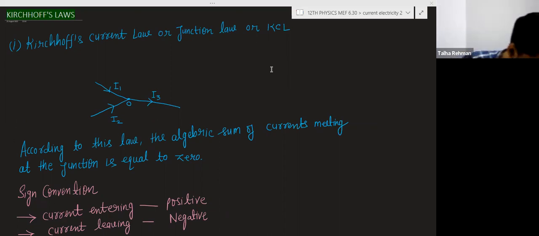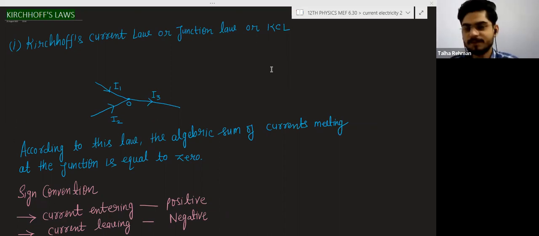Actually, one thing I want to tell you, the problem is not with physics. The problem is with the mathematics of a student. They know all the definitions and all these things, but what happens?